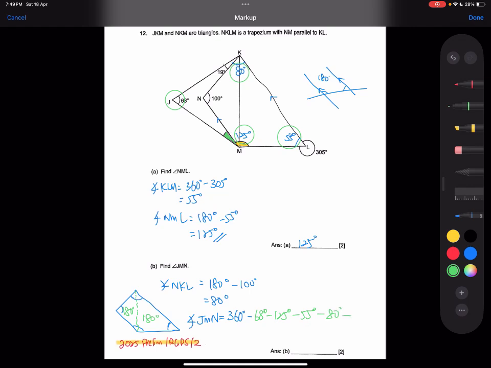Okay, and minus away 19. Okay, and this will give us 13 degrees, and this is our answer. Angle JMN is 13 degrees.